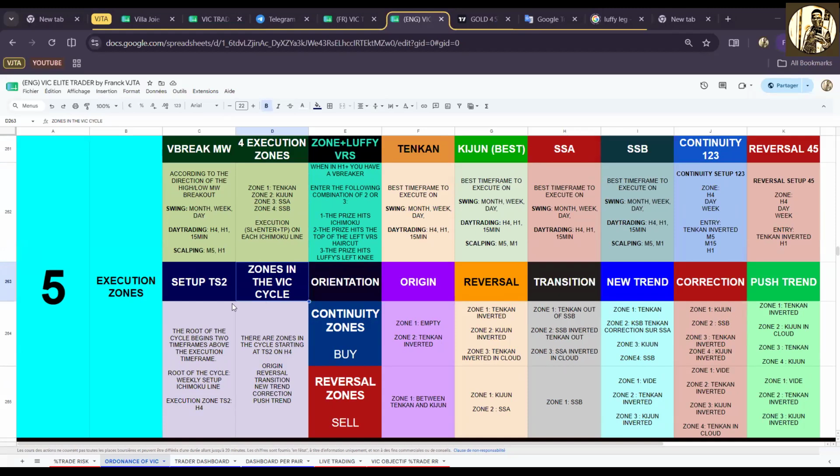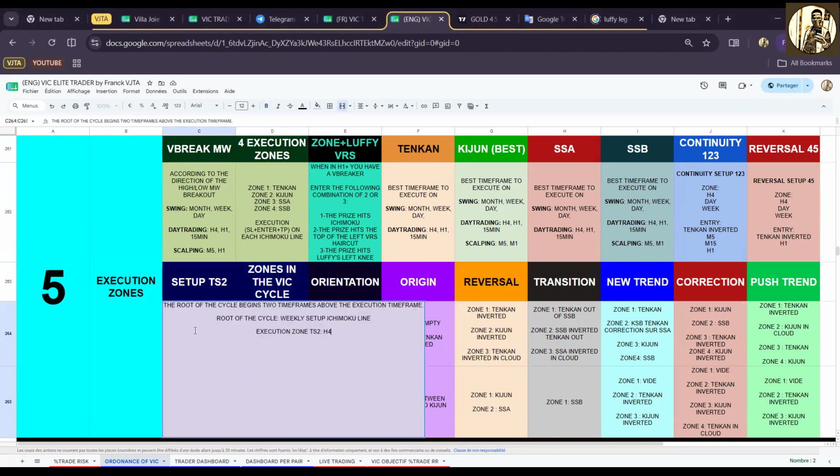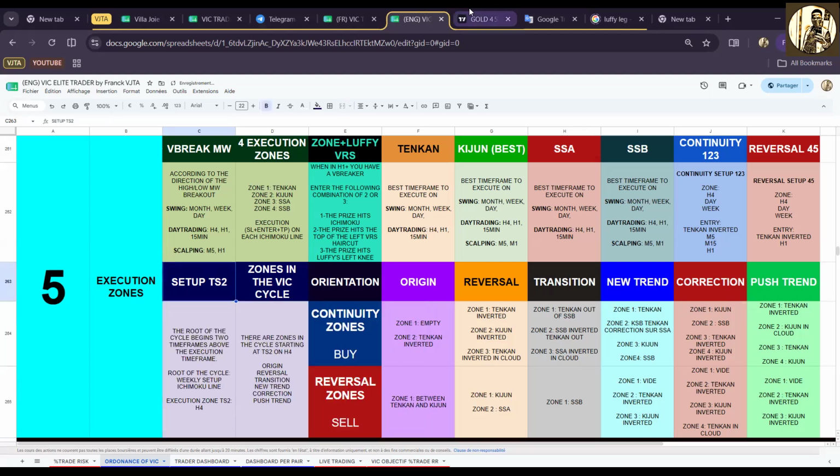For the Ishimoku cycle, you also have zone of execution there. So the root of the cycle begins two time frames above the execution time frame. The root of the cycle is in weekly, and the execution zone is on H4.